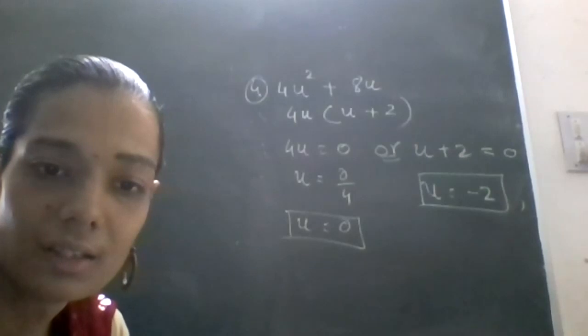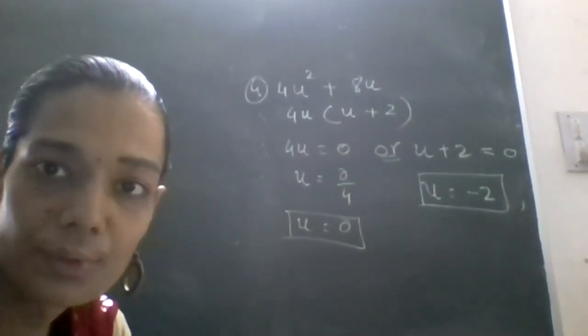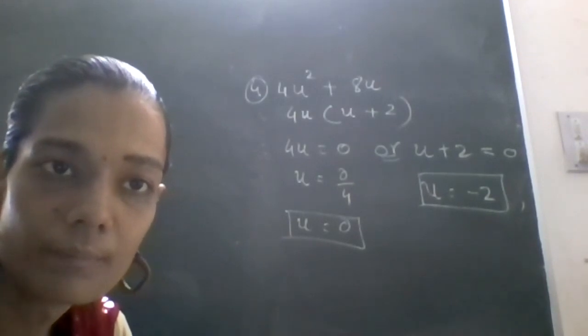Show me in your notebook. Now you have to find the sum and the product, and then verify with minus b upon a and c upon a, which Harshita has done. Dhairya, have you completed?